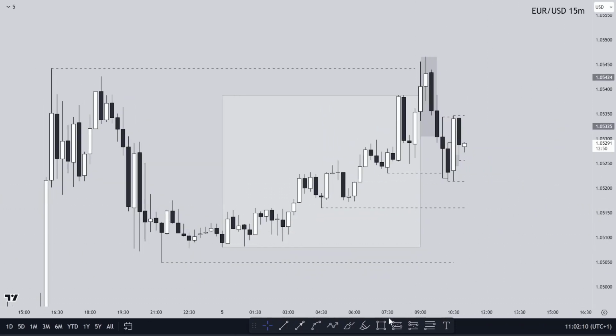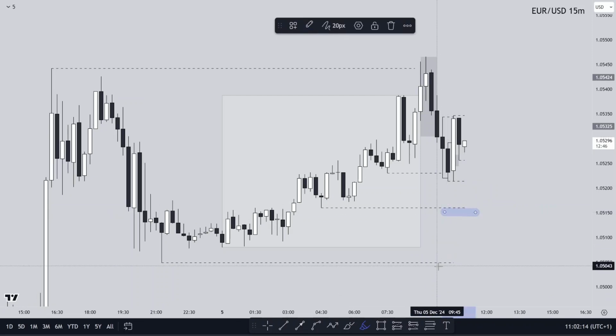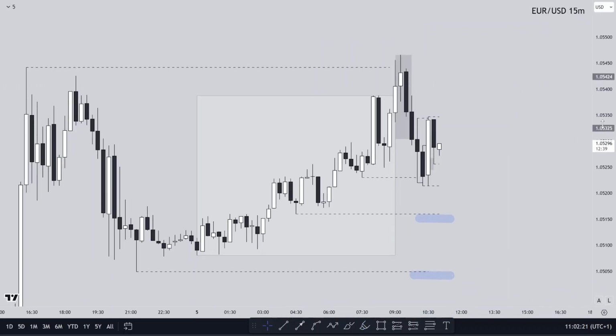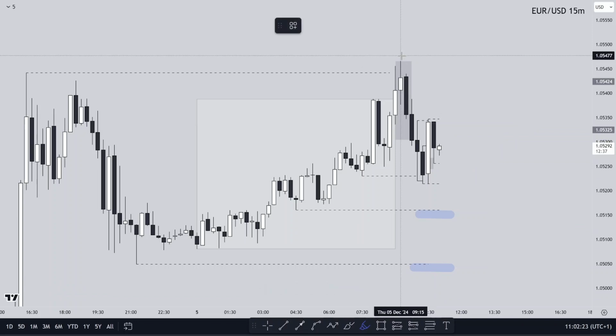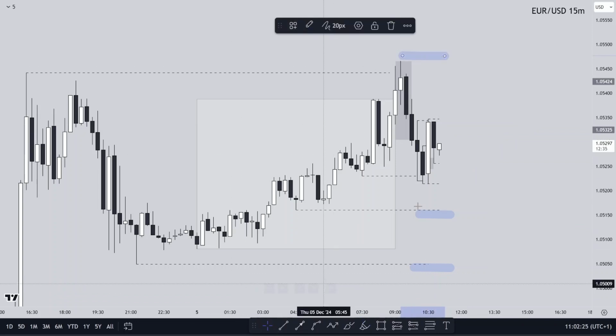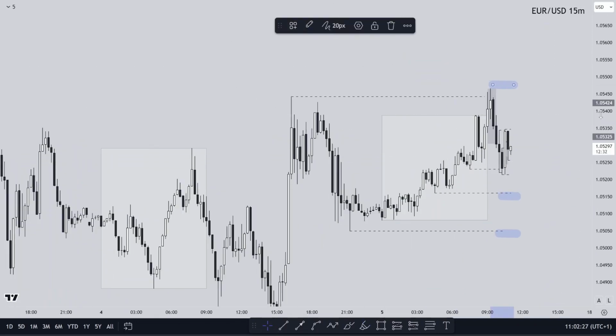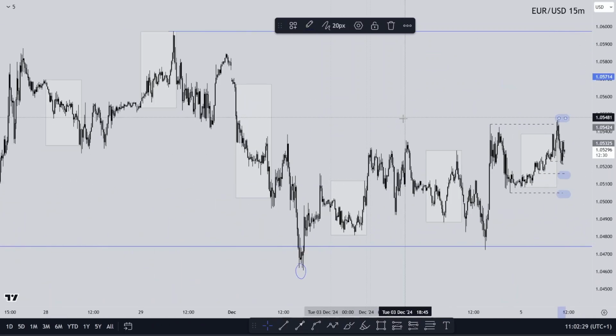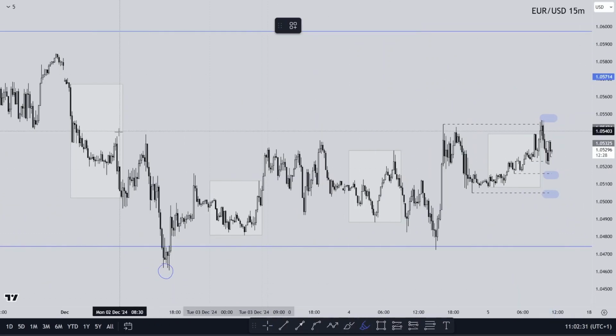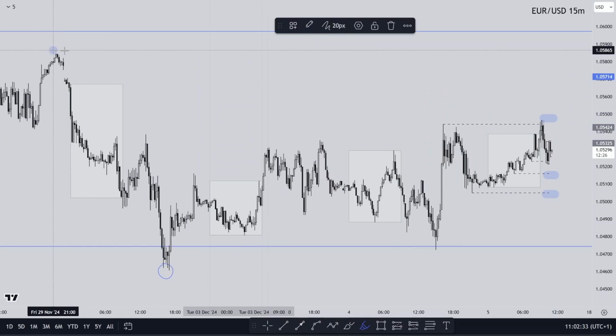I can only see liquidity here or there from a higher point of view. Oh, of course, also there. And from a higher point of view too, liquidity stays here.